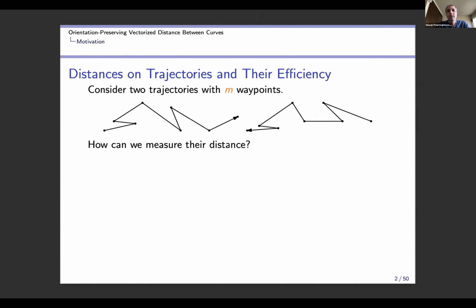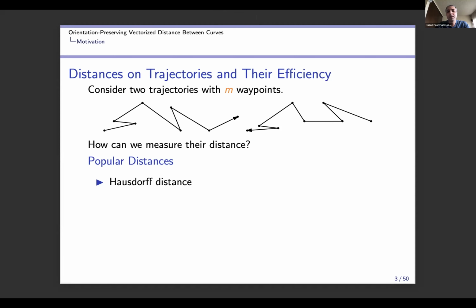Consider two trajectories with m waypoints. By a trajectory, I mean a piecewise linear curve, or let's say polygons. We want to know how we can measure their distance. There are some popular distances like Hausdorff distance, but Hausdorff distance does not pay attention to the direction of the curves.